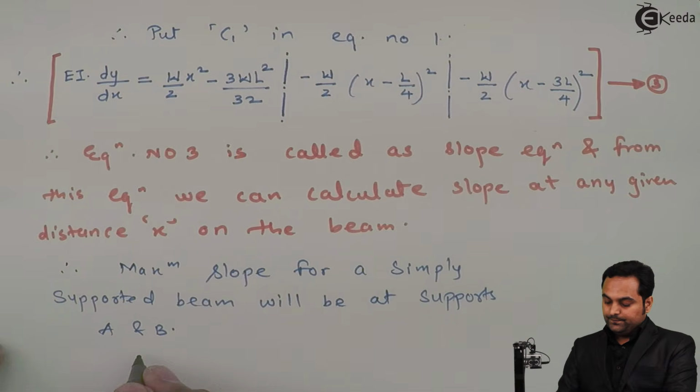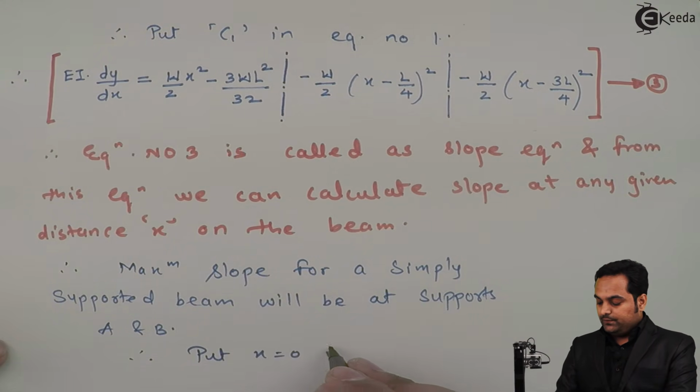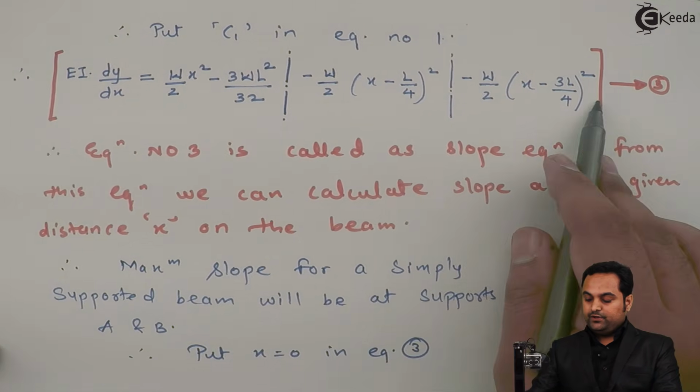So therefore put x is equal to 0 in equation number 3, because this is the slope equation.